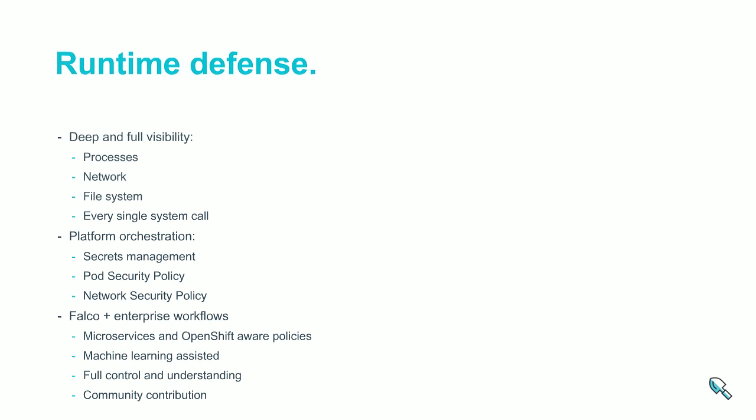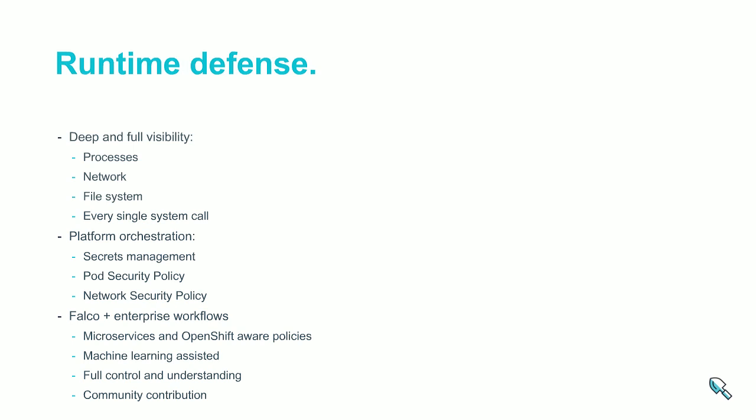Things that we can improve and provide better enterprise workflows or a better experience on top of Falco is being able to bring techniques like machine learning to build up policy. And the benefit of this approach is that rather than looking into a checkbox-like feature, now we have full understanding, leveraging the Falco engine, of how the different policies are implemented, and we have control on how we want things to be evaluated.